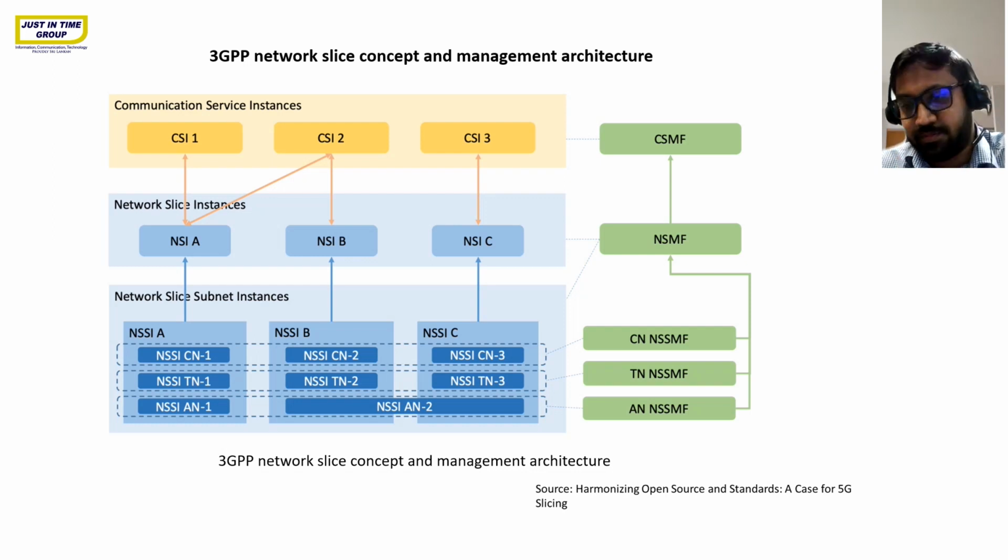It's 3GPP defined, and then there's a network slice management function which would manage the network slice instance that you create. For the respective network slice subnet instances, there are network slice subnet management functions. For the core network, we can call it CN NSSMF, the core network slice subnet management function. So this is the architecture and the nomenclature related to network slicing.